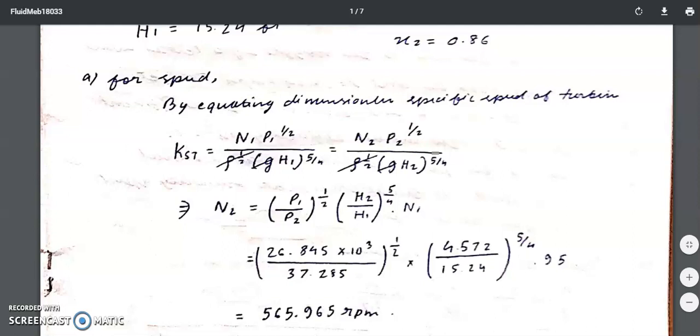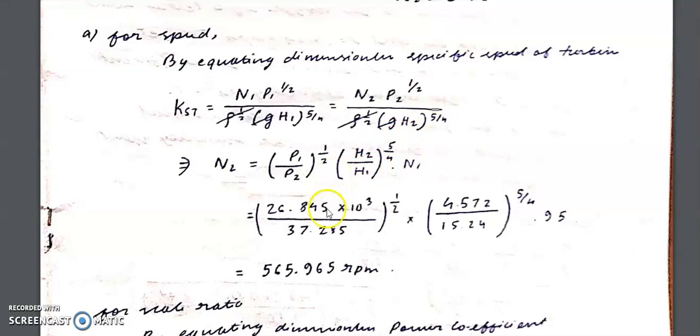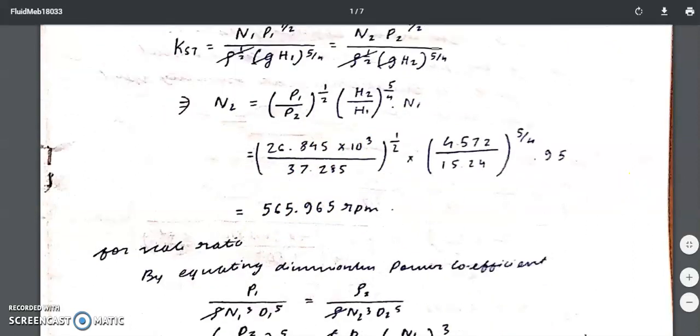We substitute the values, and we get the answer as 565.965 rpm.